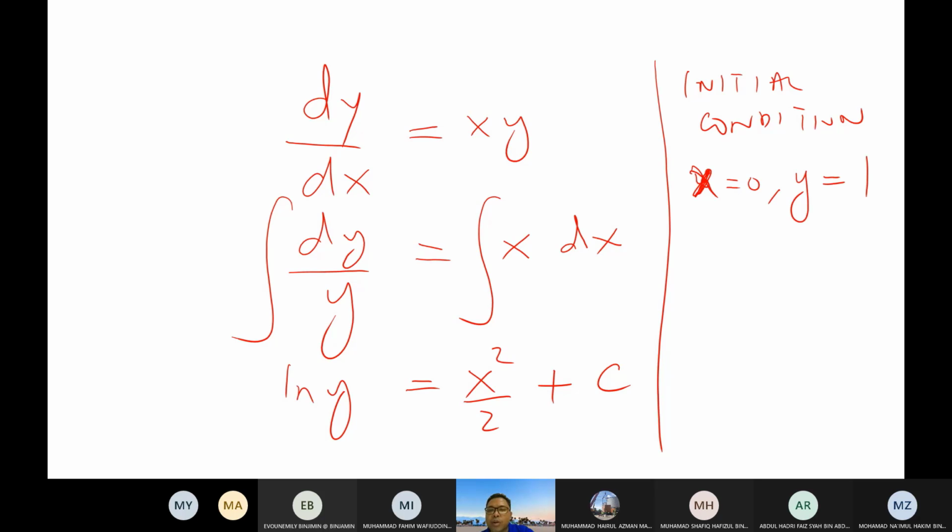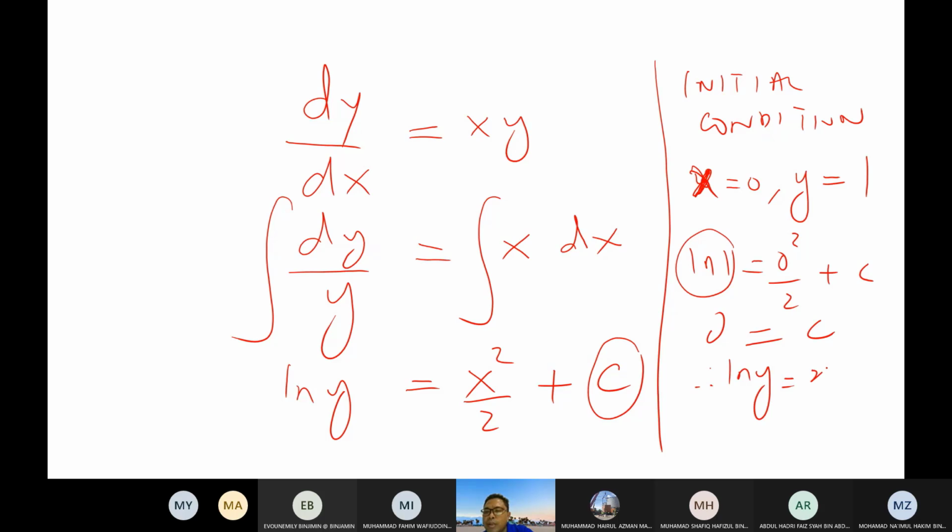So I can determine what the constant c is here. ln 1 is equal to 0 over 2 plus c. ln 1 is 0, therefore c is 0, and your solution will be this. Or you can see that y is equal to e to the power of x squared over 2.